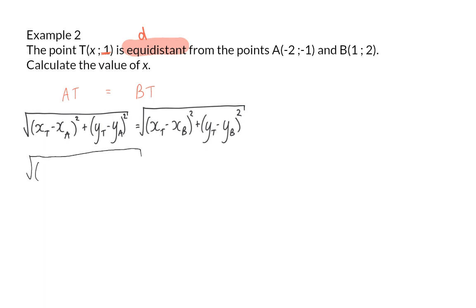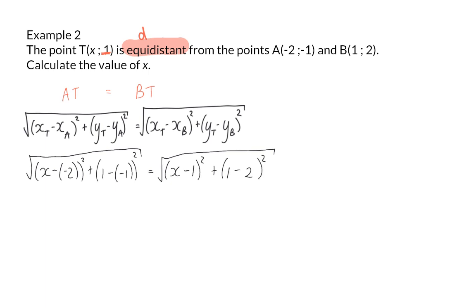On the left, we have the x of T that we want to calculate minus that of A, which is -2. The y value of T is 1, and we subtract the y value of A. This should be equal to the x value of T minus that of B, plus the y value of T minus the y value of B, squared.